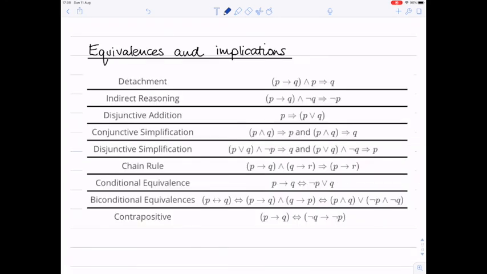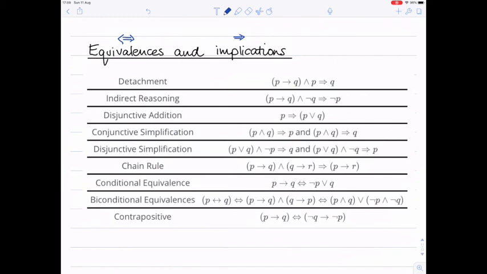So here we have a table of equivalences and implications. So just to remind you, equivalences are statements that really have the same logical table, and implications are where one thing implies another. You don't have to learn these off by heart, but it's a good idea to work through them and see that they make sense.